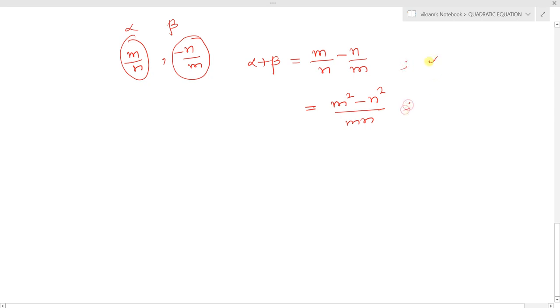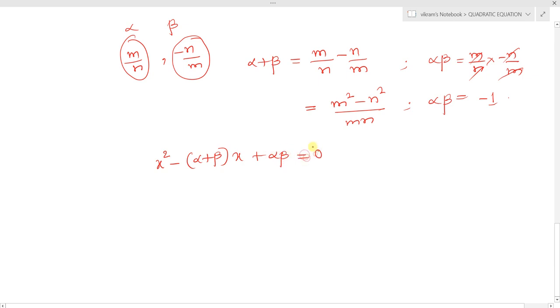And what is alpha beta? Alpha beta equals m by n into minus n by m, where m and n cancel out, and alpha beta equals minus 1 again. Then we can write the required quadratic equation: x square minus the sum of the roots into x plus the product of the roots equals 0.